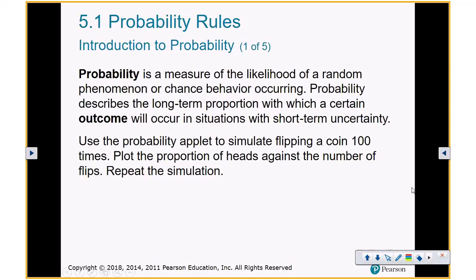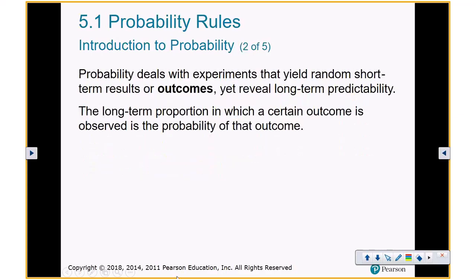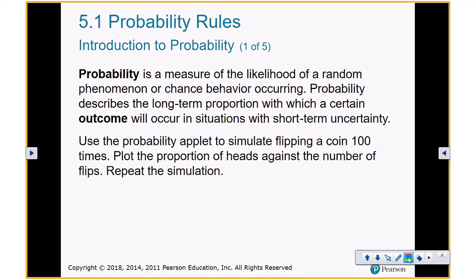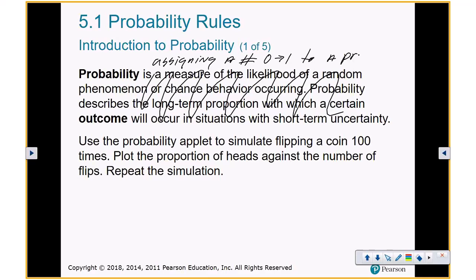Probability is assigning a number between 0 and 1 to a prediction based on 1, mathematics or stats, 2, logic, and 3, experience.